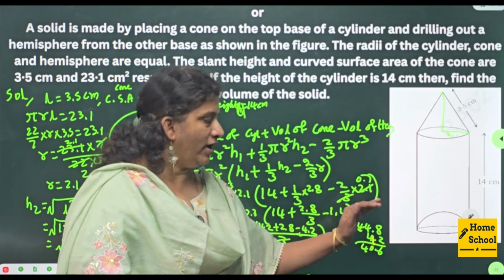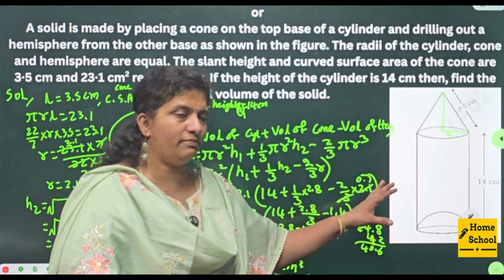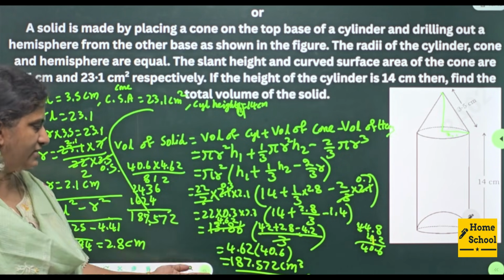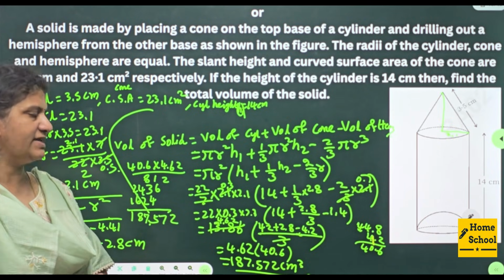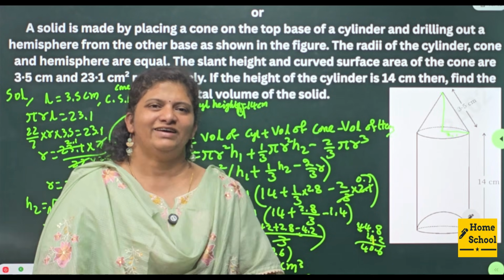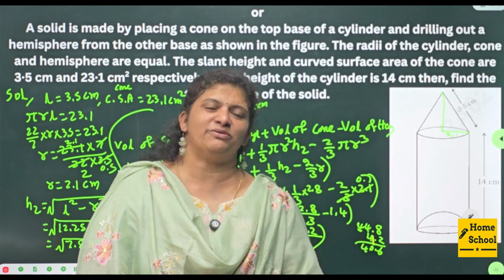If we remove the hemisphere, the leftover solid is this much. So the answer is 187.572 centimeter cube. With this, our state preparatory question paper is completed.